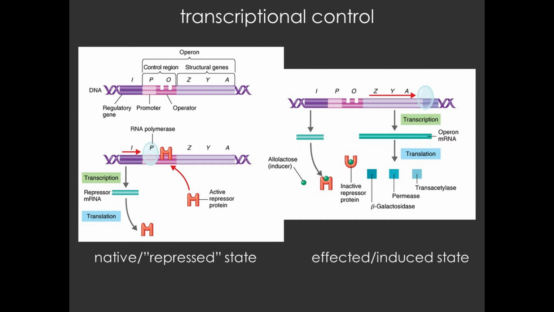So the key thing here is that the native state of that repressor protein is to be active in the on position, and so the native state of the operon is to be turned off. In other words, it needs to be induced.